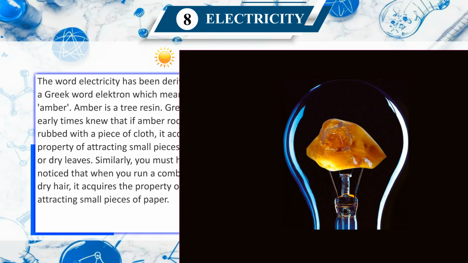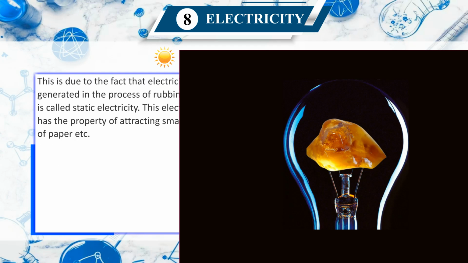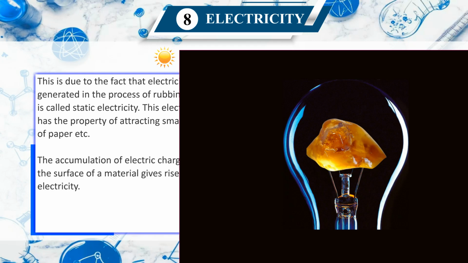Similarly, you must have noticed that when you run a comb through your dry hair, it acquires the property of attracting small pieces of paper. This is due to the fact that electricity is generated in the process of rubbing, which is called static electricity. This electricity has the property of attracting small pieces of paper, etc. The accumulation of electric charges on the surface of a material gives rise to static electricity.